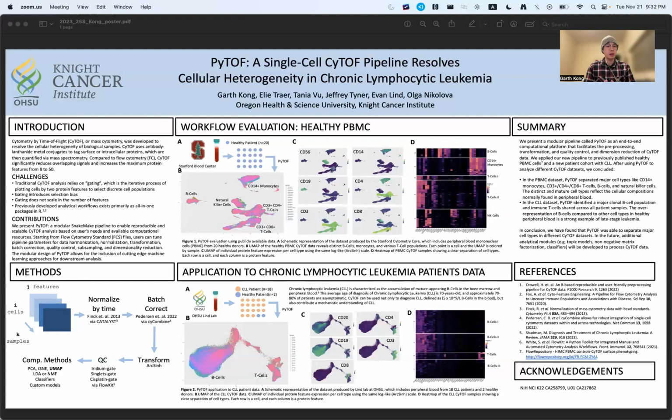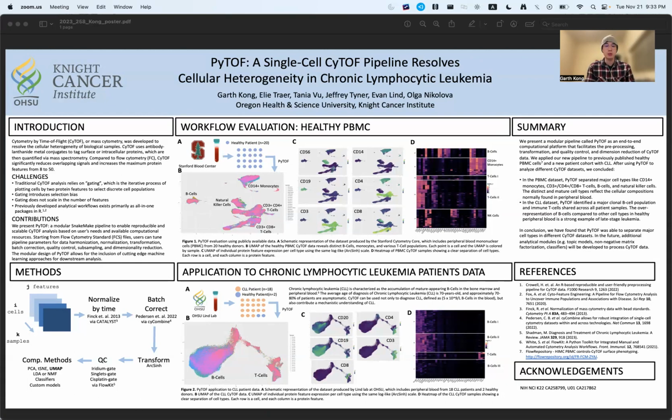The output of PyTOF is usually generic enough that you can build more classifiers or custom models on top of it as well. Okay, so we've built the PyTOF pipeline. We want to evaluate whether it's working or not.